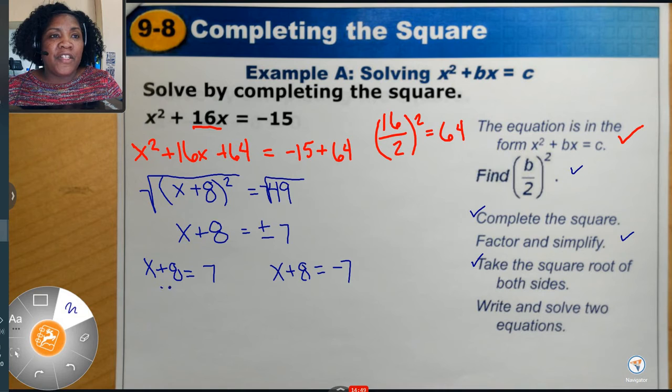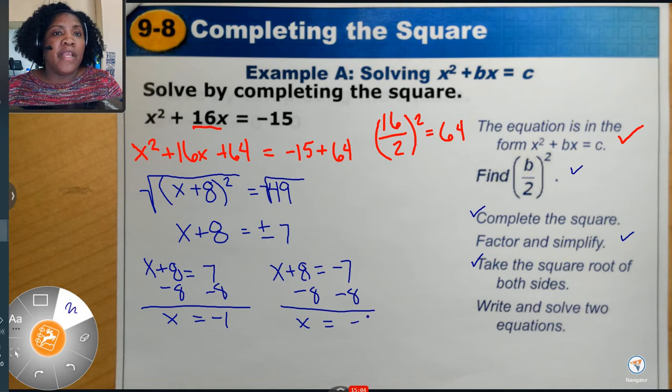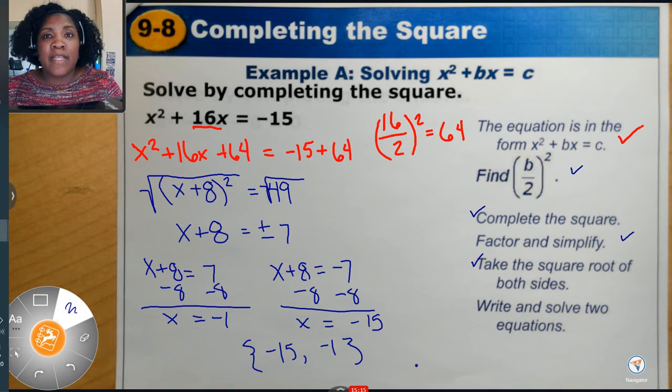So now, finishing up, we subtract 8 on both sides, and we have one solution that x is negative 1. Our second solution, found by solving our second equation, is x is equal to negative 15. All right, there they are. Negative 15 and negative 1 are my solutions to this equation. How satisfying was that?